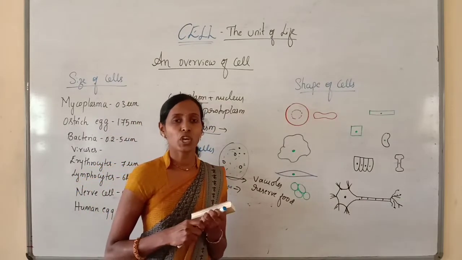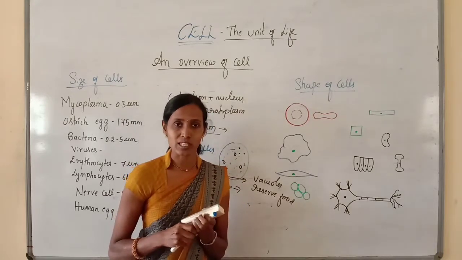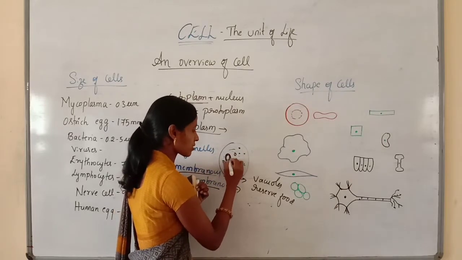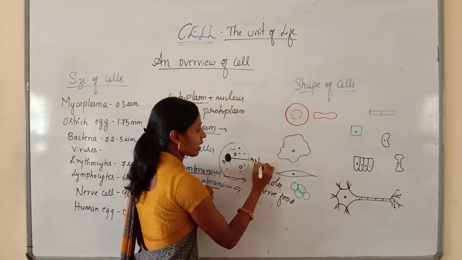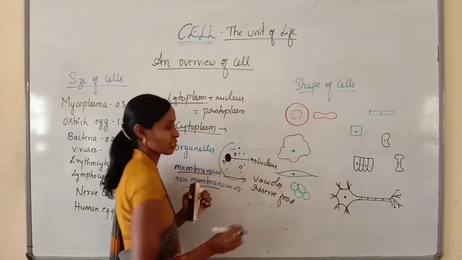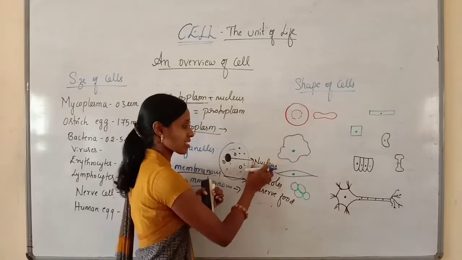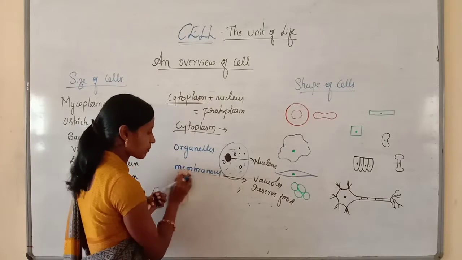And the next thing is the nucleus. This cytoplasm also encloses a dense granular, or we can say dense spherical, structure called the nucleus. Now we will talk about the nucleus.